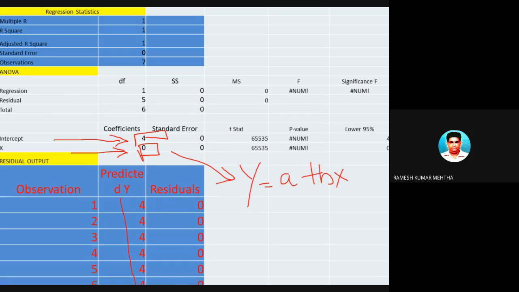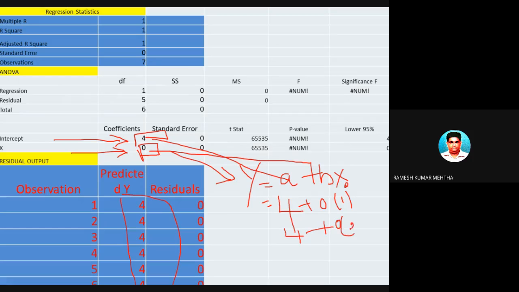Now I will tell you how these figures have come. Okay, pay attention. I already told you a is equal to the constant, which is 4, and b is equal to 0. Now when I work for 1 hour, the first case is 4 plus 0 into 1. The next case is 2 hours, 4 plus 0 into 2.